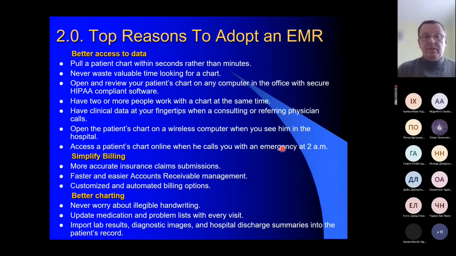But the main source and main storage must become the electronic representation, the digital form of medical records, which provides a number of benefits, a part of which is listed on this chart.